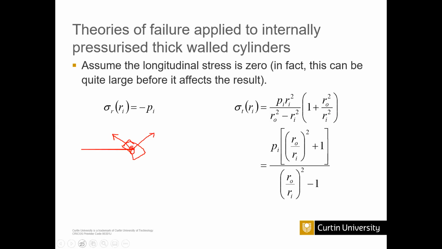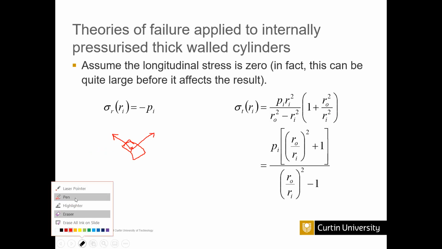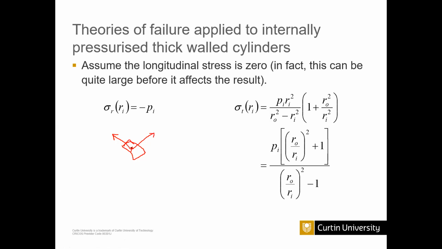The z-axis, this is x, right? The z-axis is the longitudinal direction, the length direction. So here we assume there is no sigma z, that means no longitudinal stress. So here it is only biaxial, with sigma r and sigma t only.